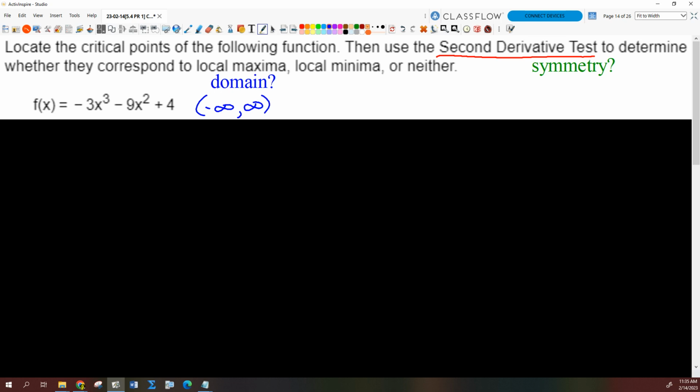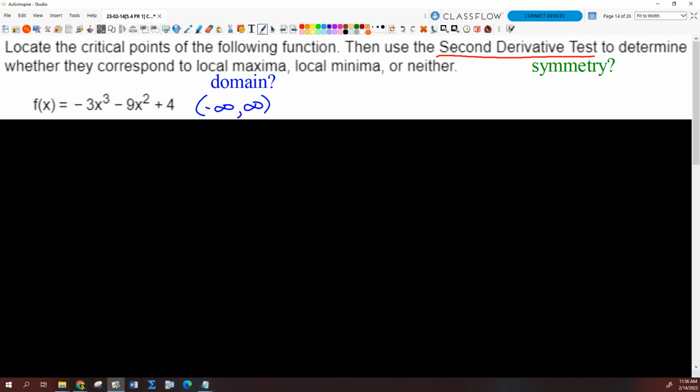We don't have to even go through that. And the test for odd symmetry is f of negative x equals negative f of x, the opposite of f of x, right? We don't even have to go through all that though, because the names even and odd, where do those come from again? Powers, the exponents in a polynomial, right? We work with polynomials so much that that's where we get the terms even and odd.